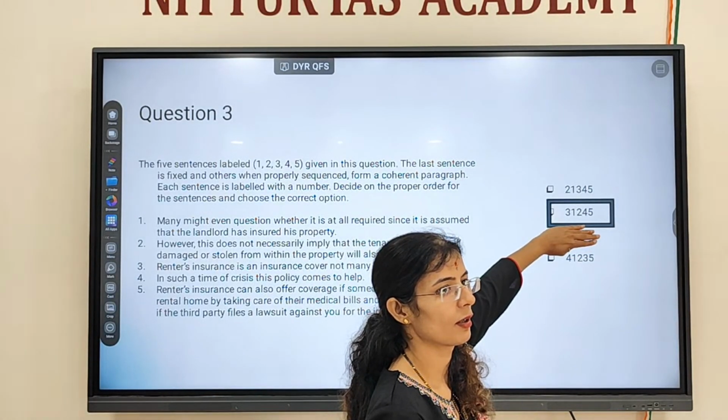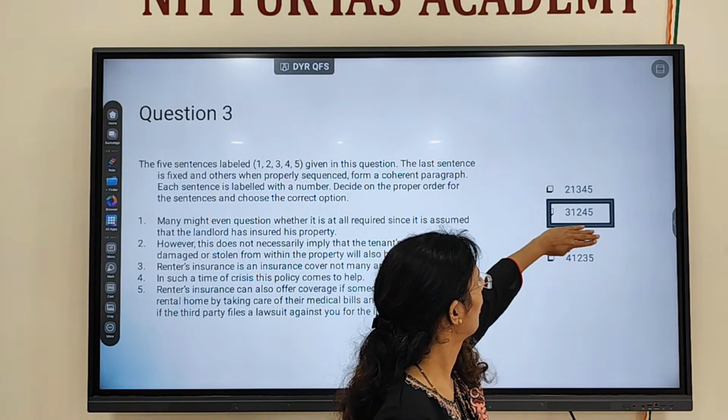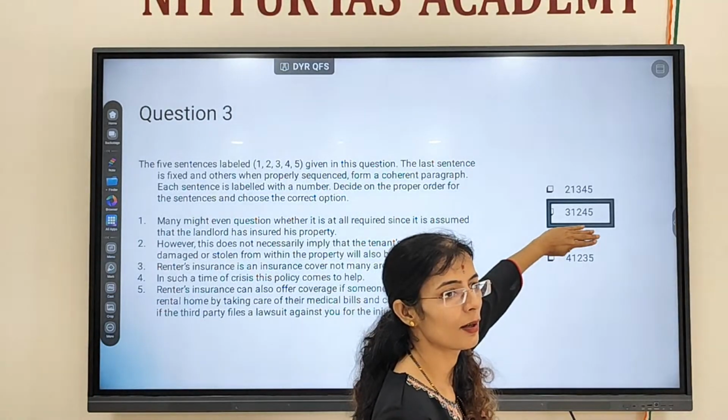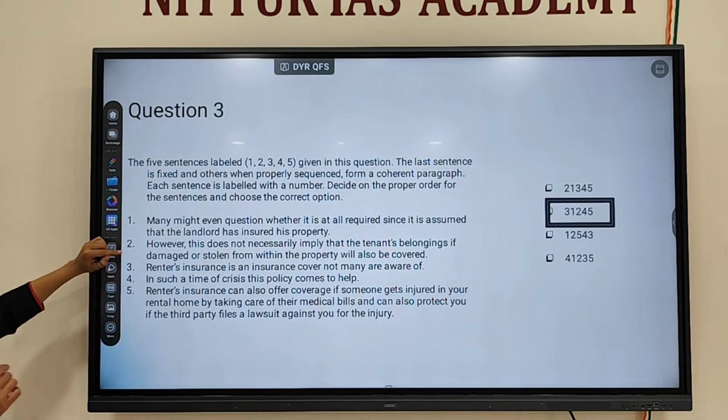In the 3 options, the second option is 1, which is common. And if we see the first and last, the next option is 2. Like the fourth option we have 2, and the next also we have the third. So if we do it like that, we get 3, 1, 2, 4, 5 in the options.